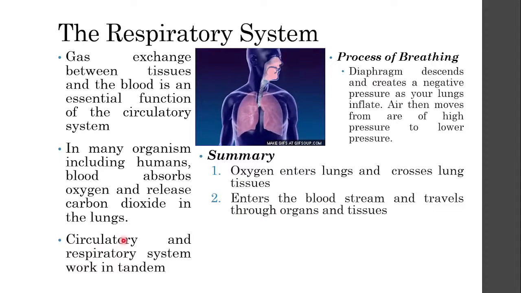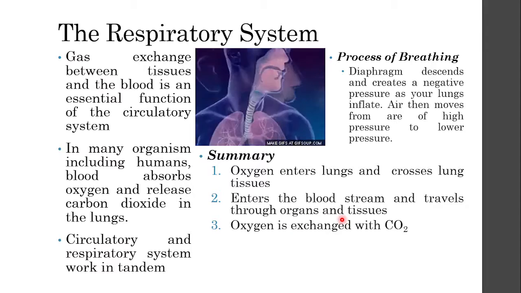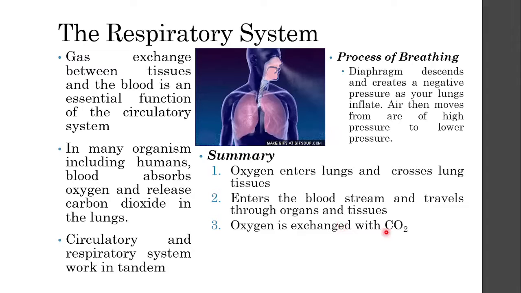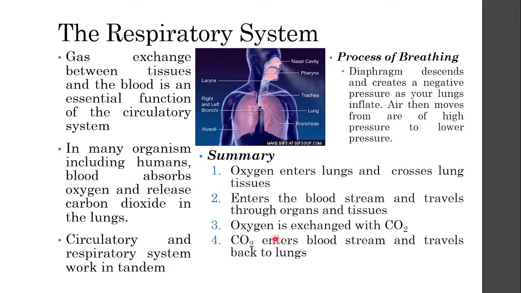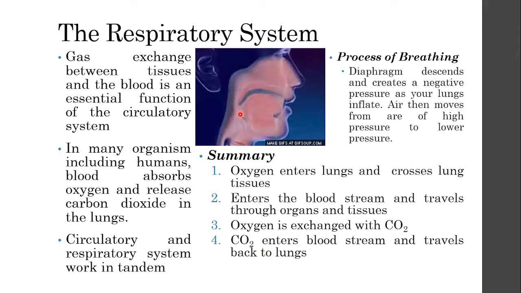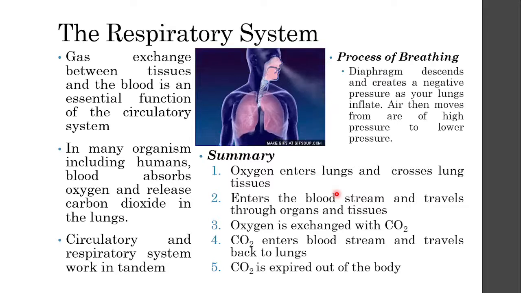And that's when the circulatory system enters, which then helps travel this oxygenated blood throughout our body into our organs and tissues. And then oxygen is exchanged with CO2 along the lungs, no? When the CO2 enters the bloodstream, it travels back to the lungs, and then the CO2 moves from the blood vessels papunta kay lungs, and then the lungs will expire.